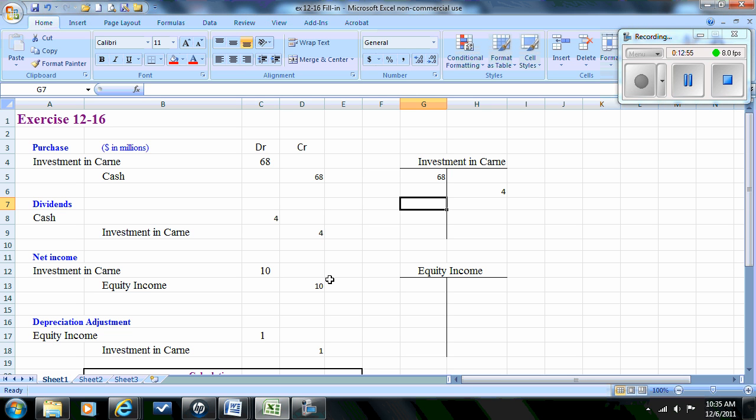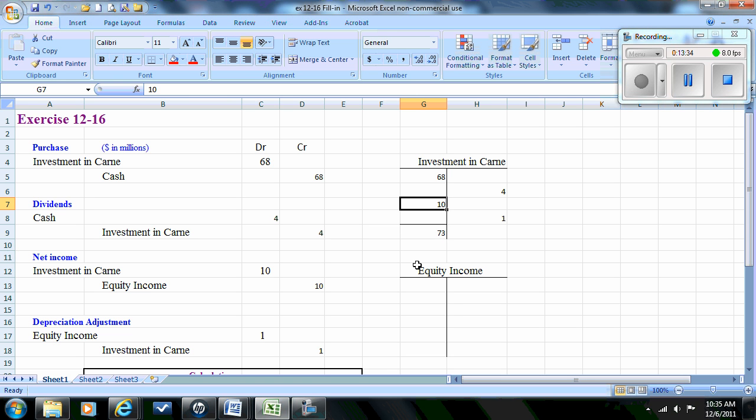When we recognized net income, we increased the investment by 10, and our depreciation adjustment reduces it by 1. So now at the end of the period, our balance is the total of our debits of 78 less our credits of 5, so we'll have an ending balance in the investment in Carney of 73 million.